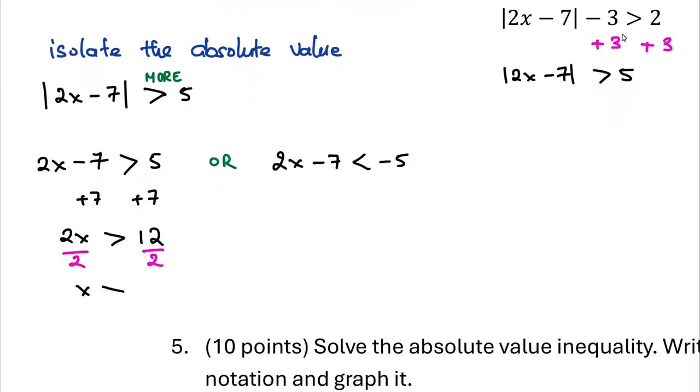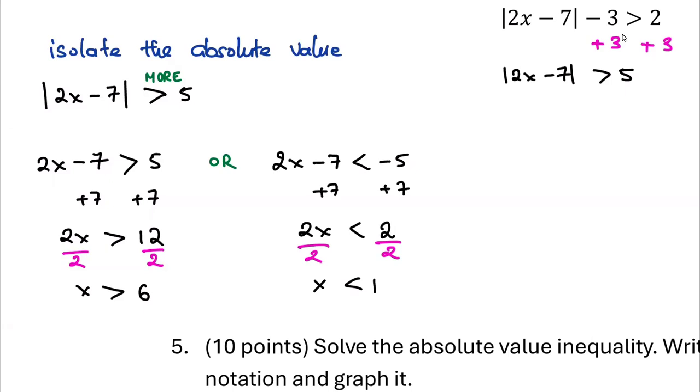I get x greater than 6. On here, adding 7, I get 2x less than 2. Divide both sides by 2. I get x less than 1.